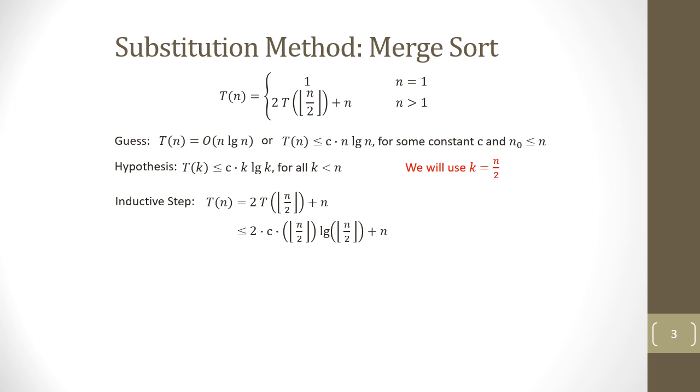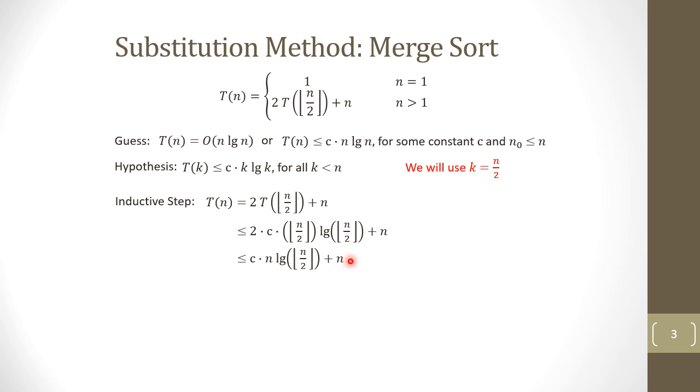In our recurrence equation, we need to find T(n/2). So we plug n/2 into our hypothesis, and whatever result we get, we plug that into our recurrence equation. Now let's solve this equation. The 2 cancels out with this 2, and we are left with c n log(n/2) plus n.